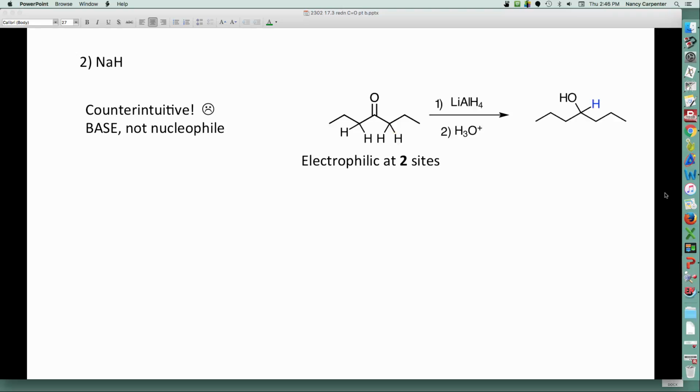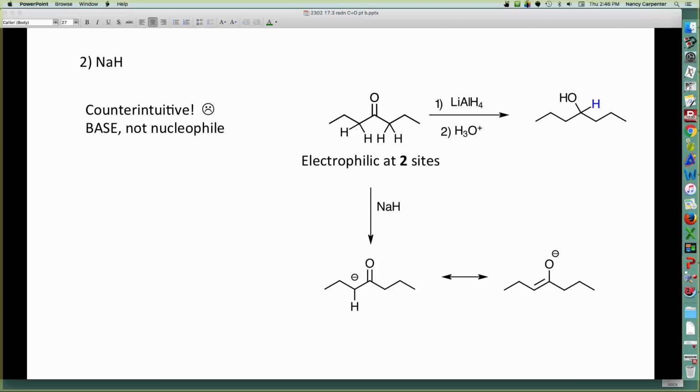So now we see that when I add something like lithium aluminum hydride or sodium borohydride or NADH, I get reduction. But when I add sodium hydride, I do not get reduction. It does not go there. No, my sodium hydride goes straight for the acid-base reaction.